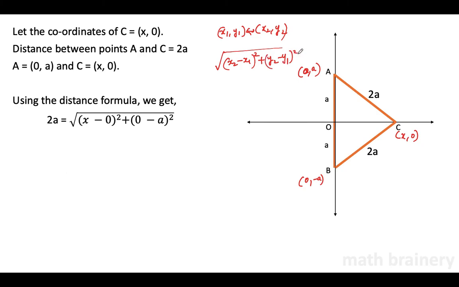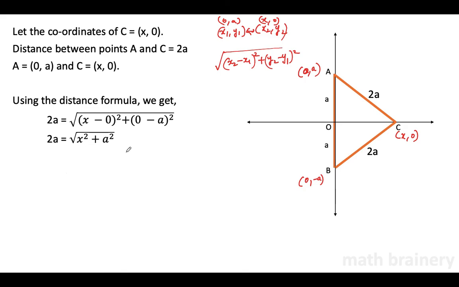So using this formula, if I have 0 comma a as one coordinate and x comma 0 as another coordinate, then the distance between these 2 points is given by x minus 0 whole square plus 0 minus a whole square. But the distance between these two is 2a. So 2a is equal to square root of x minus 0 is x, 0 minus a is minus a, but minus a whole square is again positive a square. So 2a is equal to square root of x square plus a square.